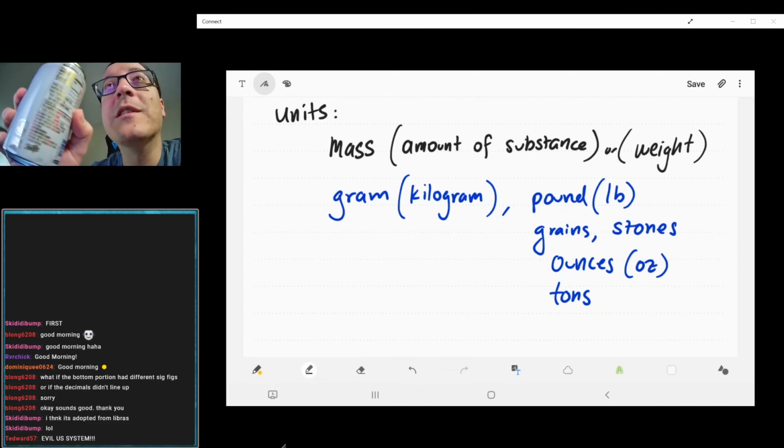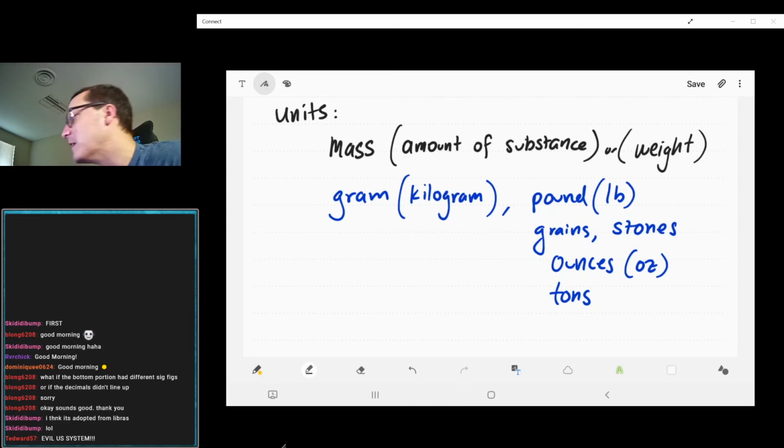I don't know how focused this is, but if you can see there, it says 12 fluid ounces and 355 milliliters. It has both units on it. And so if you go to the supermarket and look at a bag of Cheetos or whatever, it's going to say both a US weight unit and a metric weight unit. Same for liquids, you'll see volumes in both units.